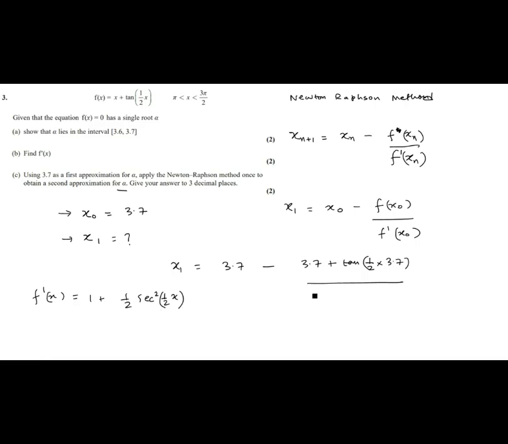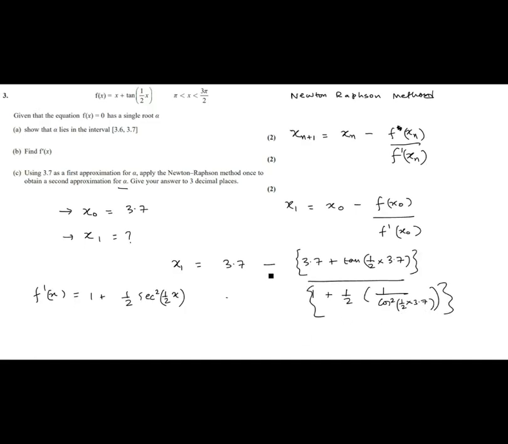If we just put x0 as 3.7 here, so 1 plus half sec, you can write it as 1 over cos squared half times x, x is 3.7. We have to calculate the value of x1 using calculator.